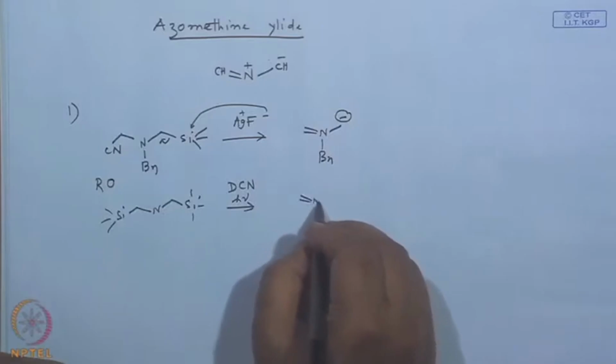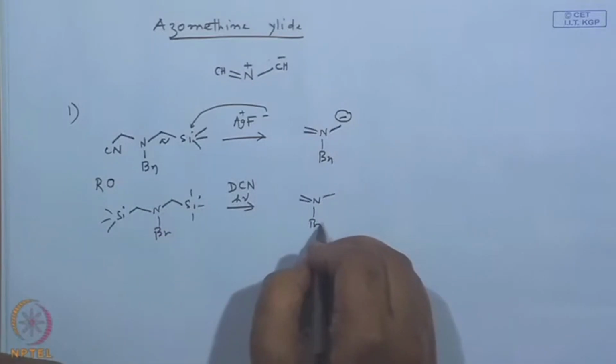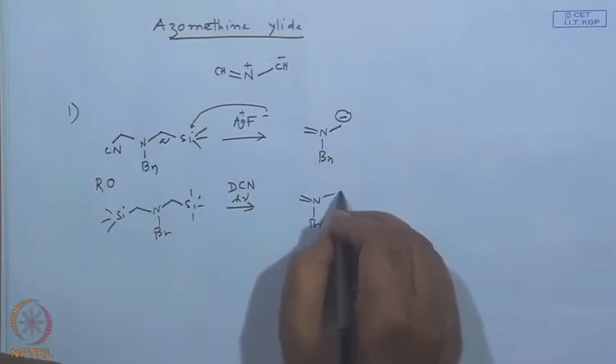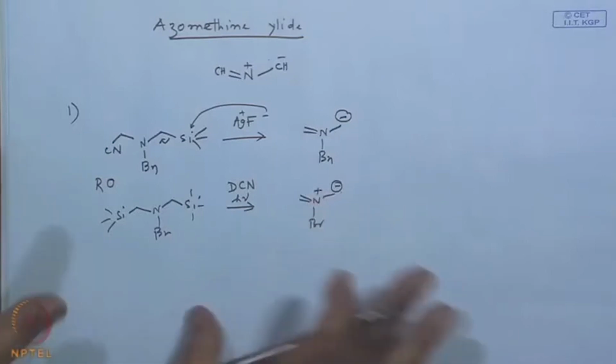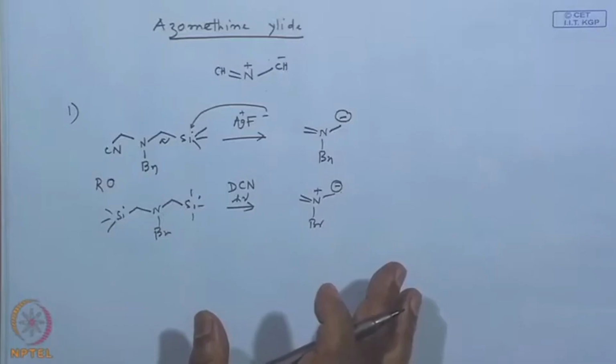So, you can generate again this sort of 1,3-dipoles, negative and positive. This is one way; that means silyl derivatives of the corresponding amine compounds can be desilylated to produce this azomethine ylide. And then there is another way of doing it.